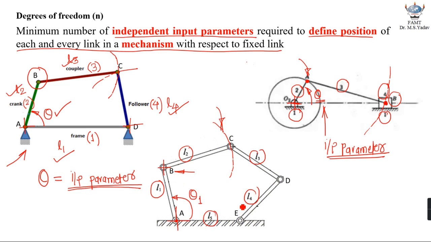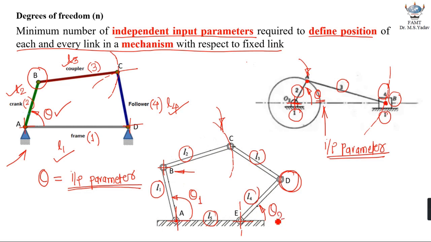So now I'll take reference of point E right over here, and I'll try to locate point D. Now to locate point D, apart from L4, I am in need of one more angle right over here. Let me call this particular angle theta 2.